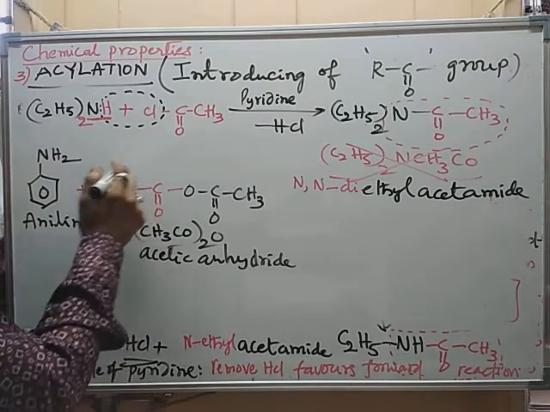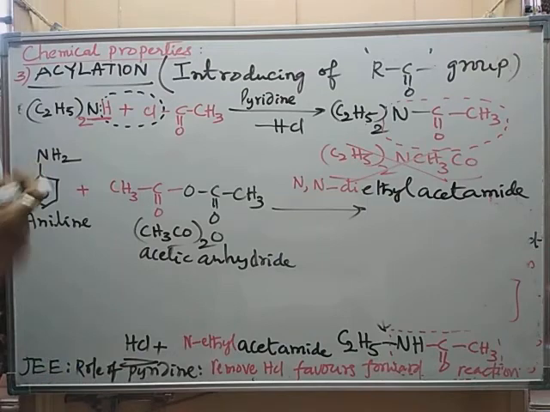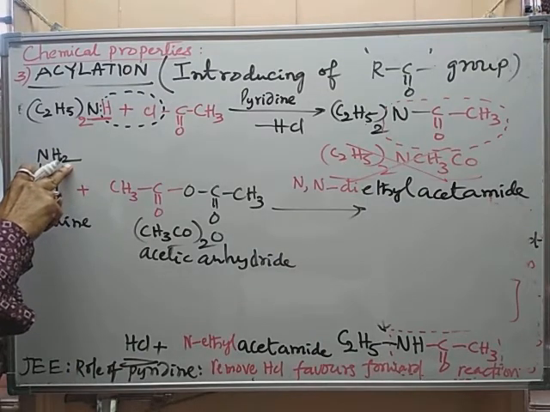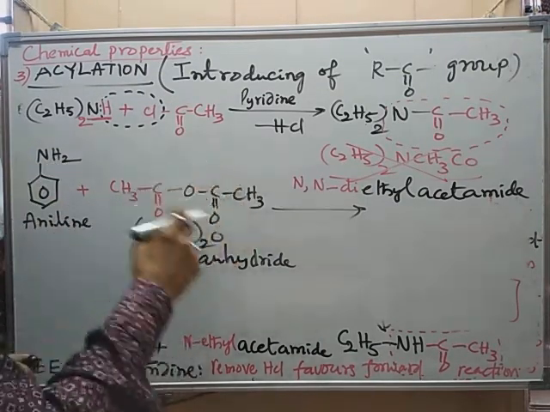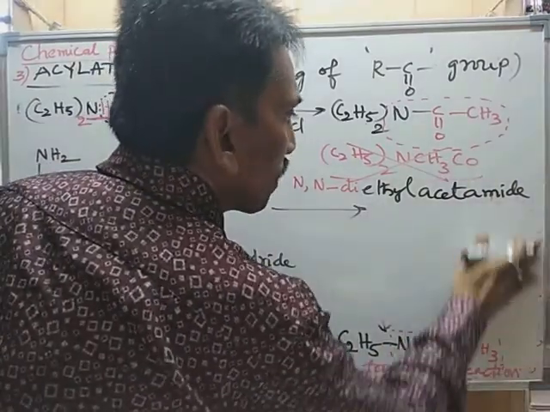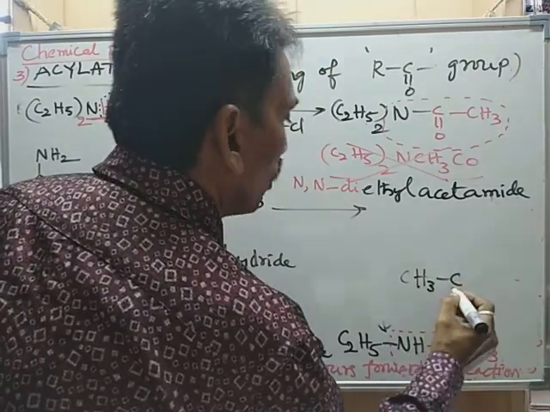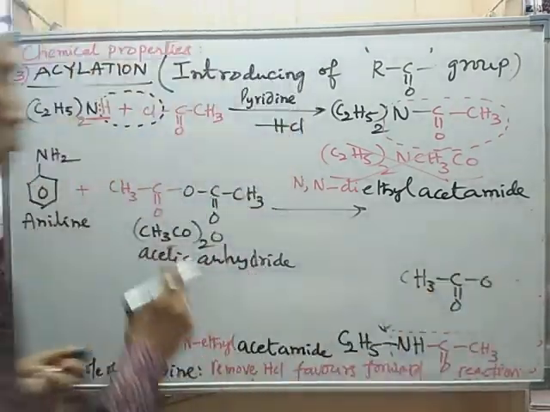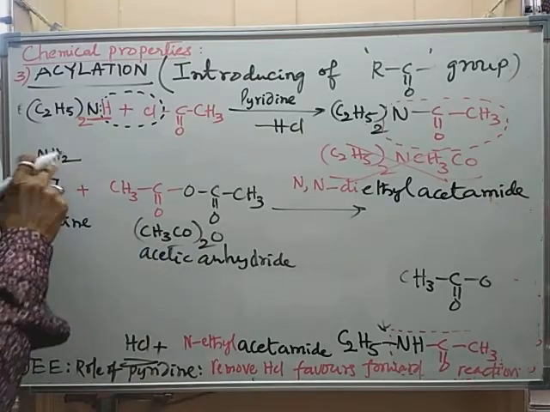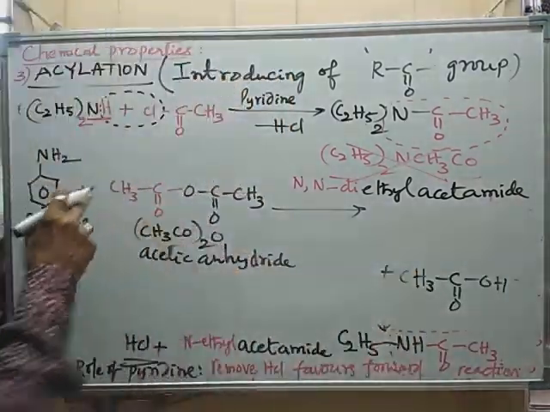Which group is going to be introduced? As usual, H is removed from the NH2 group, and this part is with H. What is this part? This part is CH3C double bond O. This black colored part goes with hydrogen as H plus, and the main part we have to write.